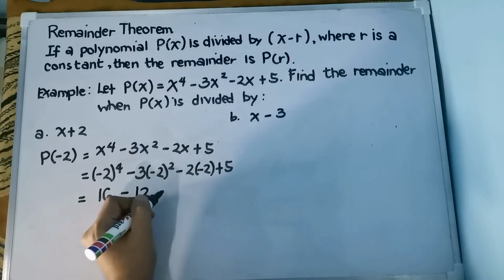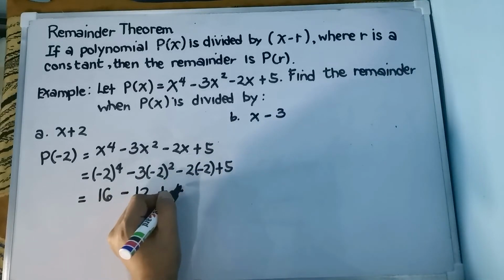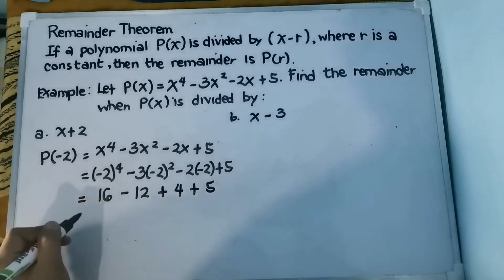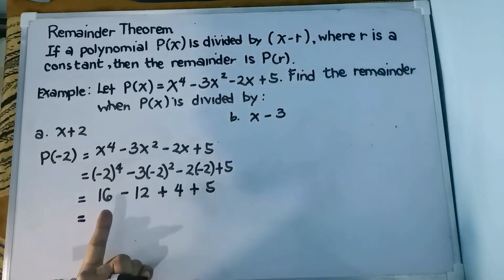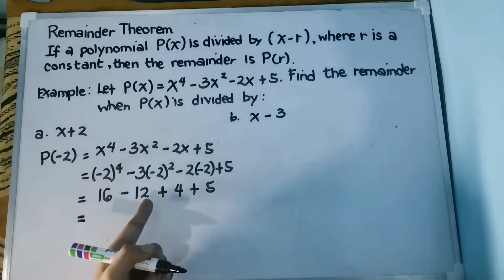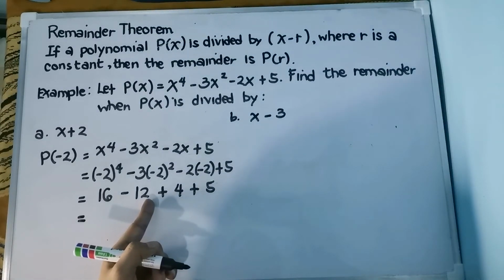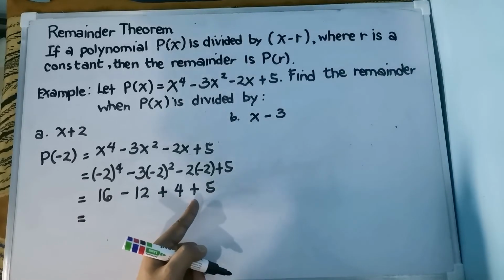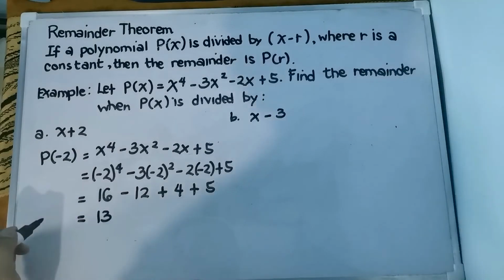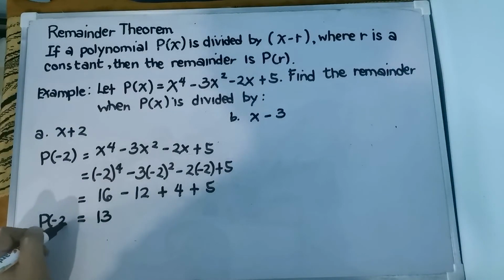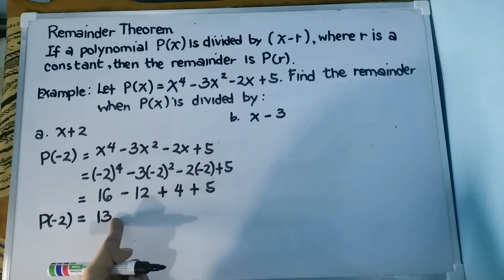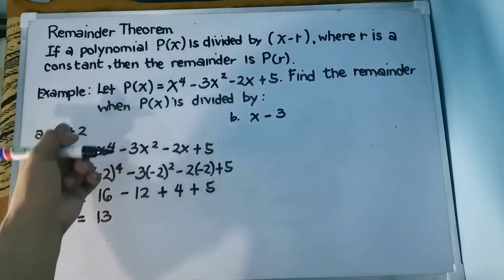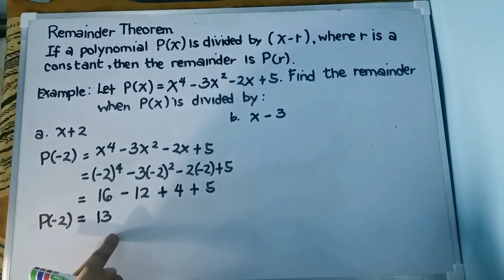Then, negative times negative is positive 2 times 2 is 4, plus 5. Then, simplify natin: 16 minus 12 is 4, plus 4 is 8, plus 5 is 13. So, therefore, p of negative 2 is 13. So, when we divide the given polynomial by the binomial x plus 2, the remainder will be 13.